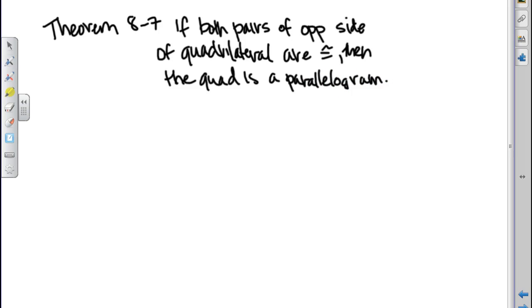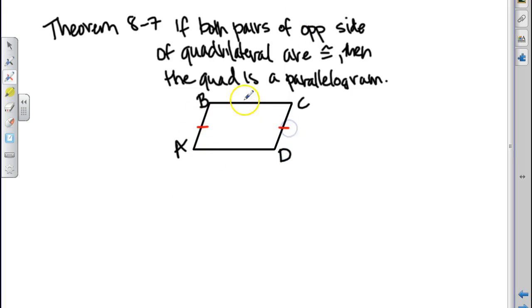All right, so picture-wise, it looks like this. There's quadrilateral ABCD, and AB would be congruent to CD, BC congruent to AD. So opposite sides, remember consecutive sides are right next to each other.